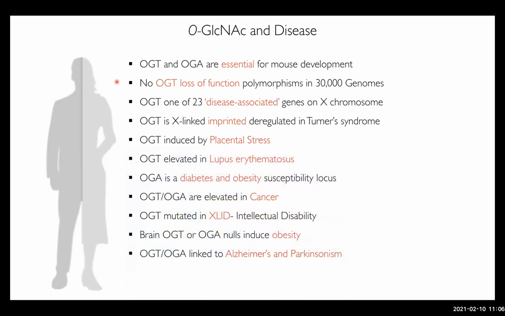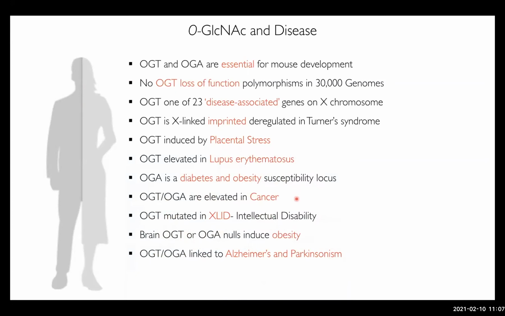A similar skewing in gender with regard to OGT is seen in lupus, where OGT is elevated principally in females with lupus because of skewed or partial X inactivation. OGA is a diabetes and obesity susceptibility locus, particularly in the Mexican American population. OGT and OGA are both elevated in cancer.